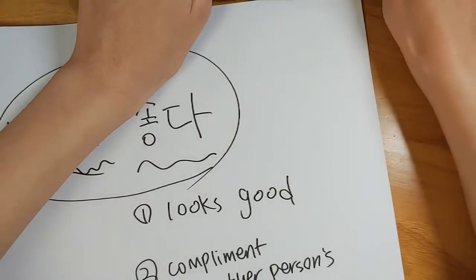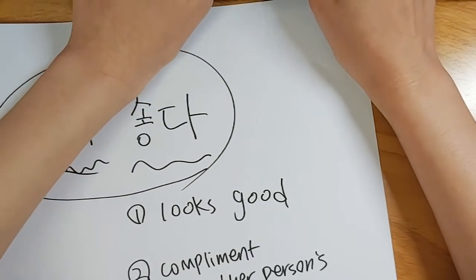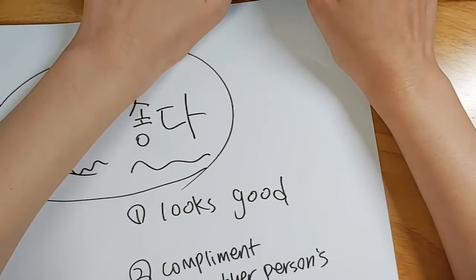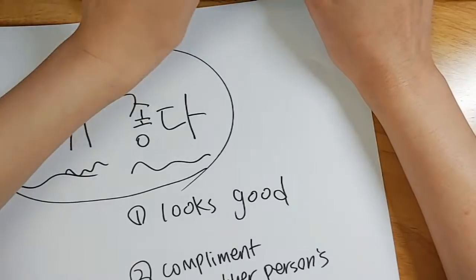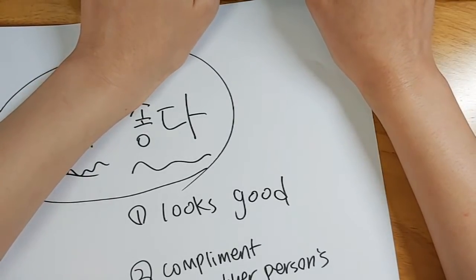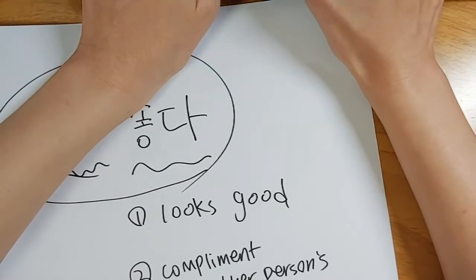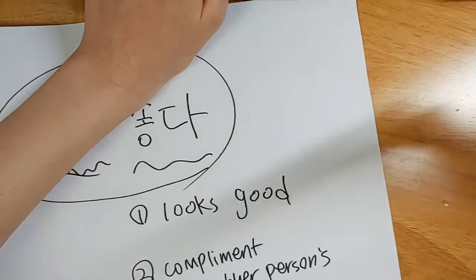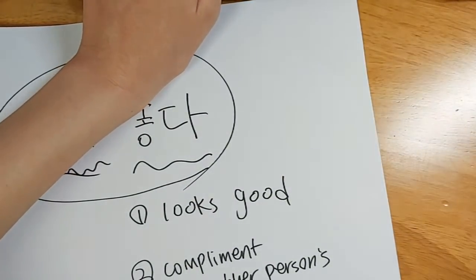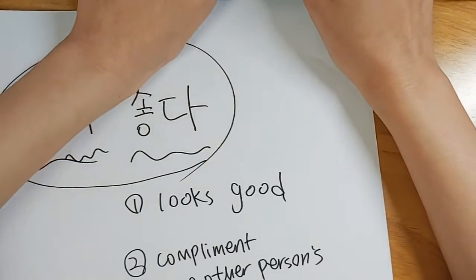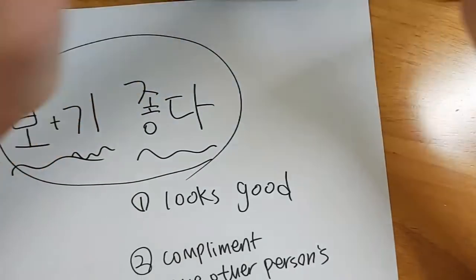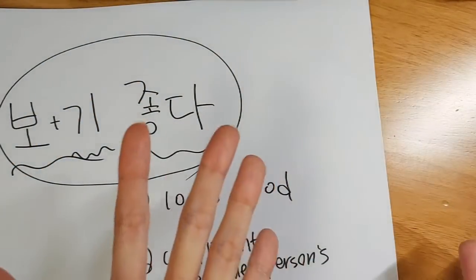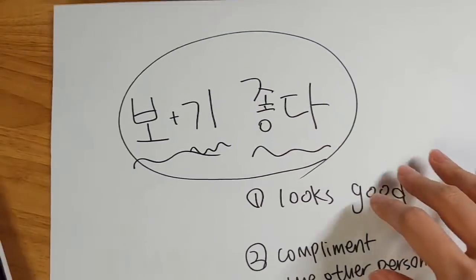So let me type it to you guys. 한국어 공부 정말 열심히 하시네요. I can see that you guys work really hard on Korean. 보기 좋아요. It's like, look, it's a good attitude. And I can also say 보기 좋네요 because it's something that I observe, right? So 네요 can be used like that.